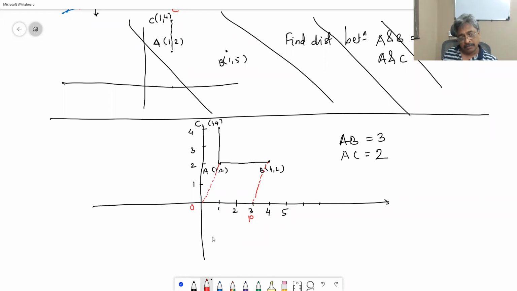I think this is simple, so I am not spending time on that. AB is equal to 3. Do you understand? AC is equal to 2.